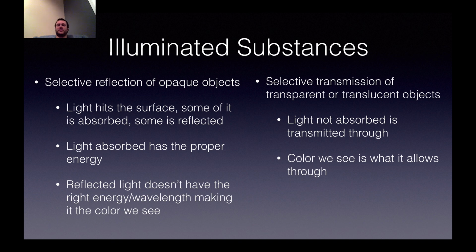Think of a color filter here. If you hold up a green color filter, light that's hitting it is getting absorbed. The light that doesn't get absorbed moves through, and if it's a green filter, we're going to see green wavelengths. Right? So our eyes are going to pick up the color green because that has been allowed to pass through. So because of that, the filter takes on that color.